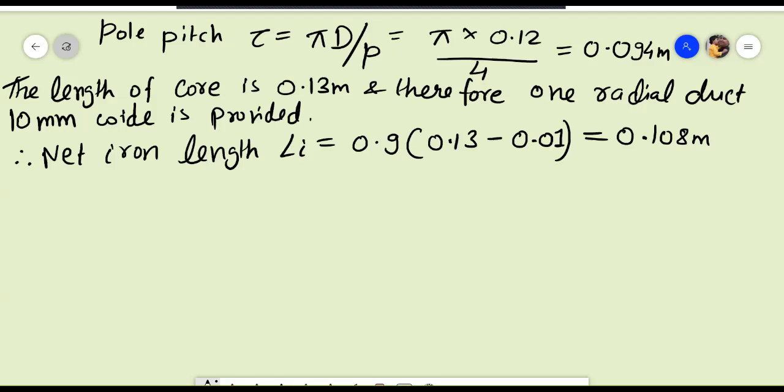The next which we need to find is the turns per phase.